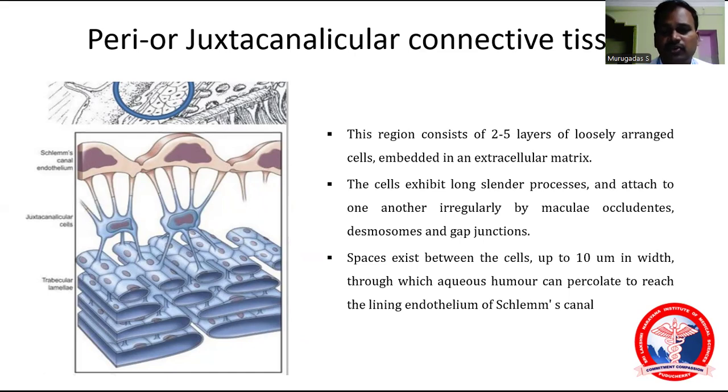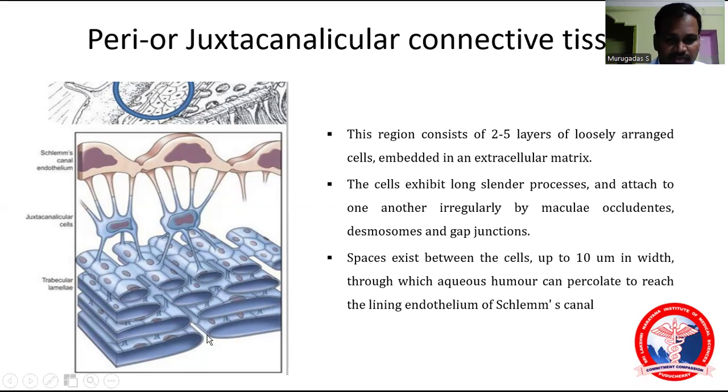The region consists of 2 to 5 layers of loosely arranged cells embedded in the extracellular matrix. The cells exhibit long, slender processes and attach to one another irregularly. You can see in the picture that they are arranged irregularly, attached by maculae occludens, desmosomes, and gap junctions.